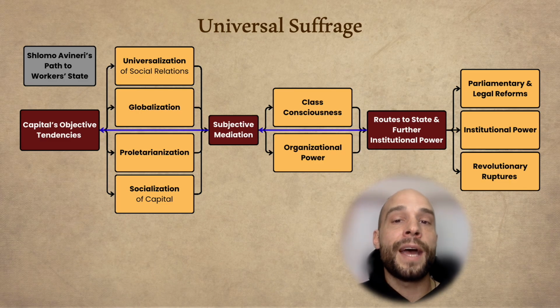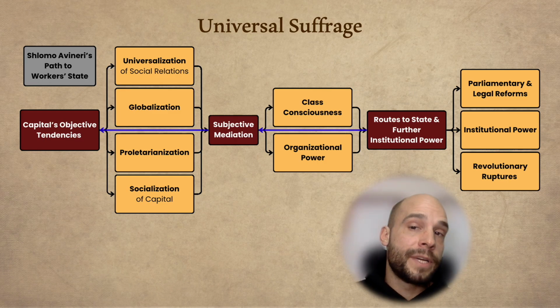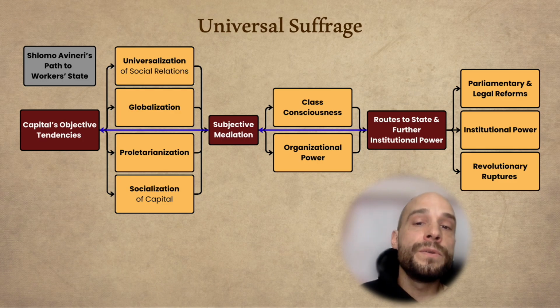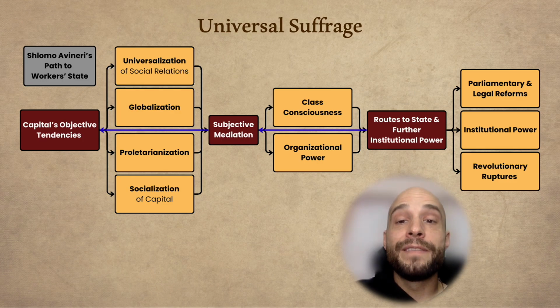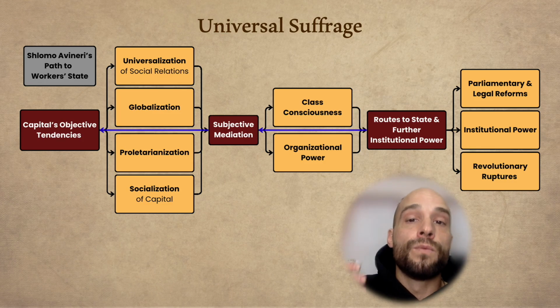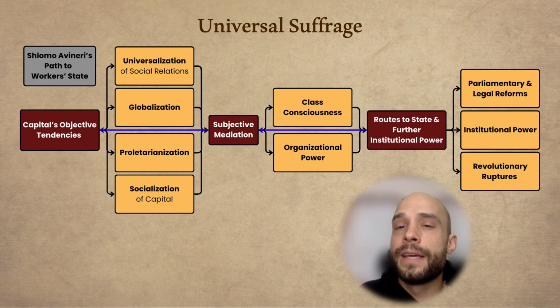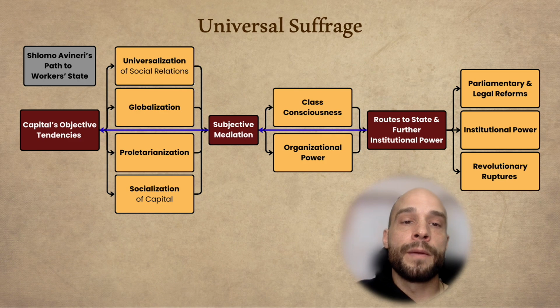If the first two categories are opposites, objectivity and subjectivity, this third category is the union of opposites. Avineri offers paths: legal reforms, institutional power and governance, and revolutionary ruptures where they are feasible. When we say Avineri isn't a determinist, he's a pluralist, it's these last three categories that we're really talking about.